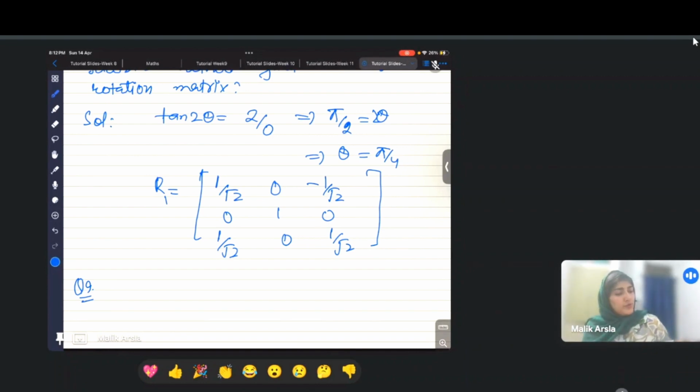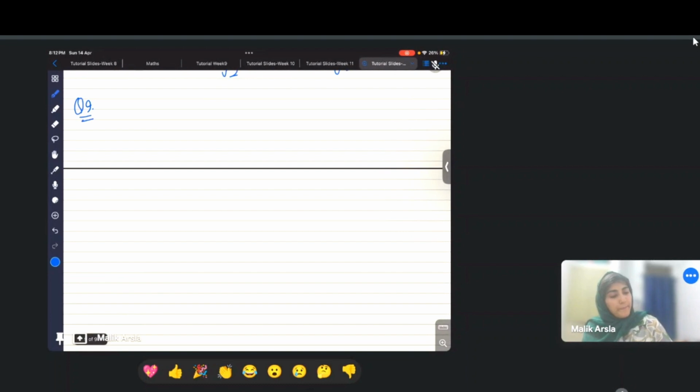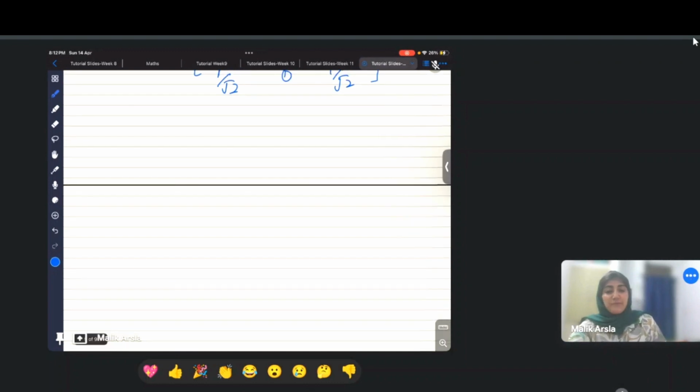Now moving to the next question. Using Jacobi's method, find the eigenvalues and eigenvectors of the matrix A, 5, 0, 1; 0, minus 2, 0; 1, 0, 5. Same question, eigenvalue, eigenvector. So we need to find the diagonal matrix by that procedure, and then find out the eigenvectors. So question 9 is simply an extension of question 8. R1 you have found out. Quickly find D1.